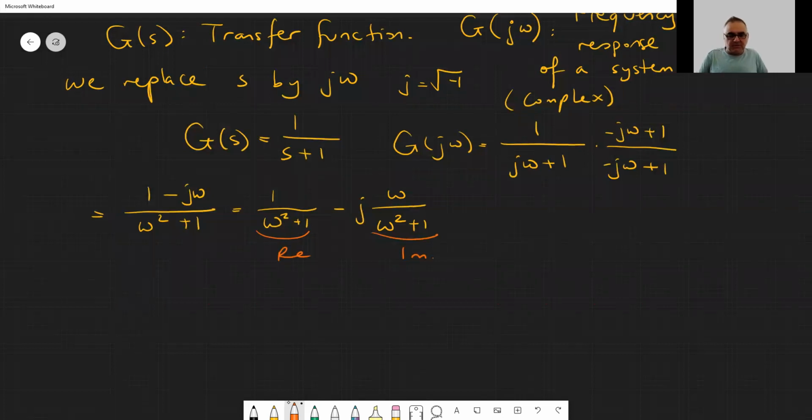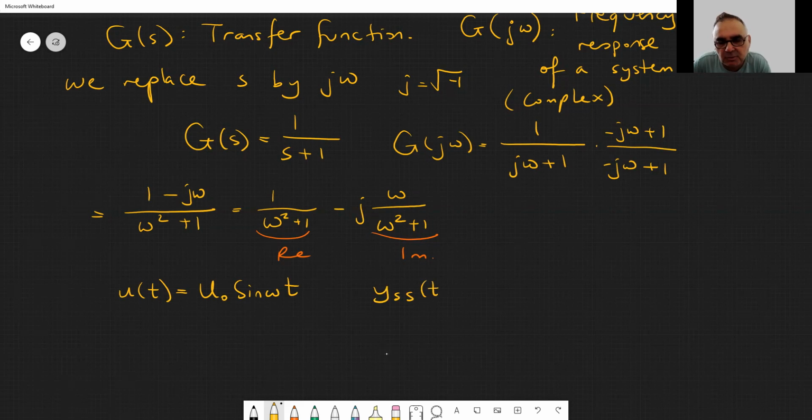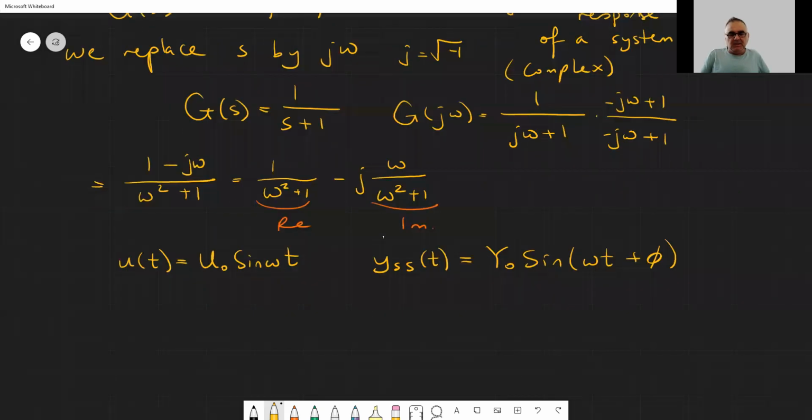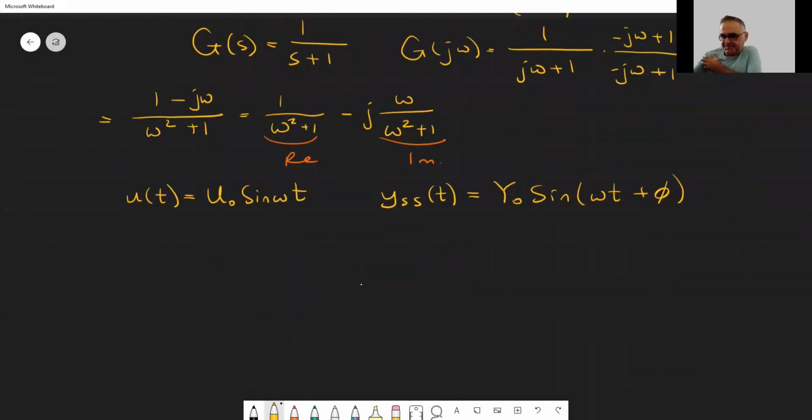Now, what does this have to do with our thing? Remember that we had u(t) equal to u0 sine omega t, and y, the steady state value, was y0 sine omega t plus phi. Now, u0 is given.